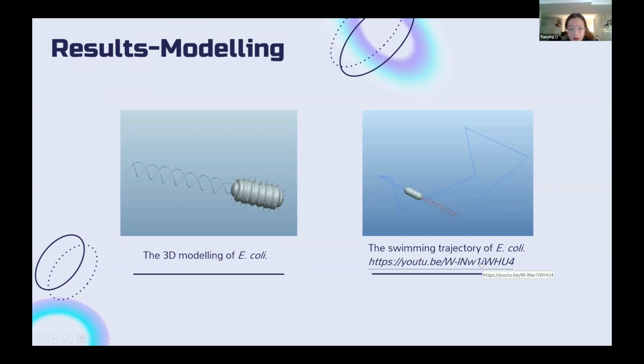Based on the plot of Y versus X programmed in MATLAB, we could finally simulate the swimming trajectory as shown in this video. I'll just show you.